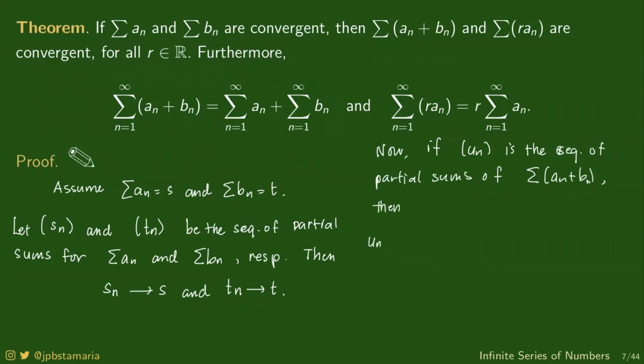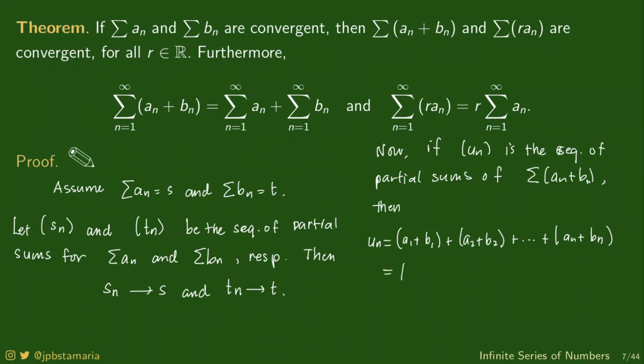Ganito itsura ng UN. Ang UN, ang first term niya, A1 plus B1. Di ba? Tapos, ang second term niya, A2 plus B2. Di ba? Plus and so on. Ang n term, AN plus BN. Like so. So, because the sum is finite, you can apply the rules of algebra.